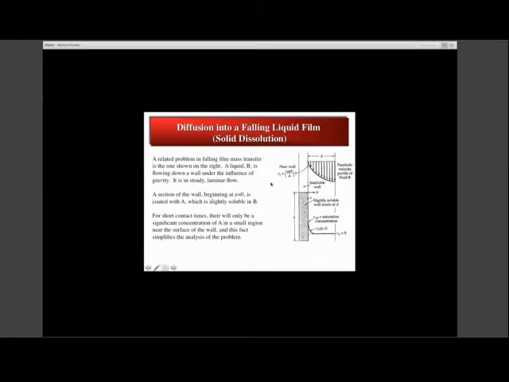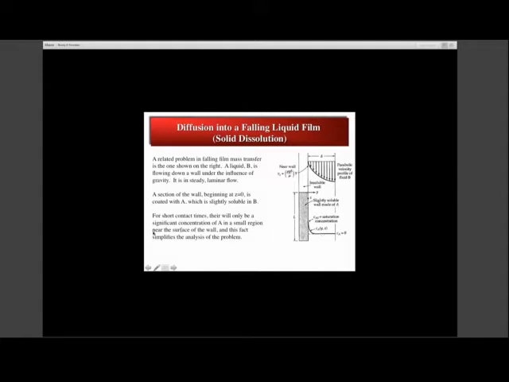And so we imagine, again, a liquid flowing down a wall in Newtonian laminar flow, and then there's a section of this wall that is coated with a component A, which is slightly soluble in B and will diffuse out into the liquid and be carried away.